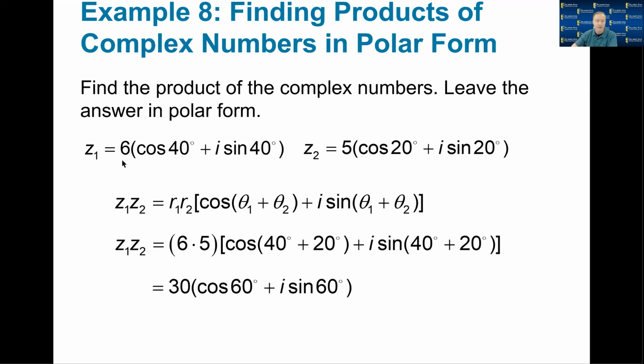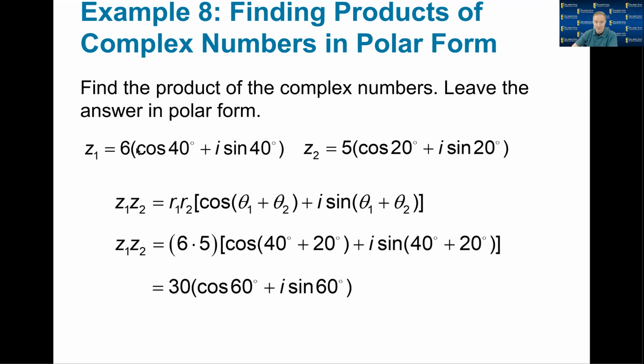So now let's look at an example of that. Let's say I give you the polar numbers z1, which is equal to a modulus of 6 times the quantity cosine 40 plus i sine 40, and z2 has an r value of 5 times the quantity cosine 20 plus i sine 20. Well, I know their product is just going to have the product of the r values times the cosine of the sum of the angles, plus i sine of the sum of the angles.